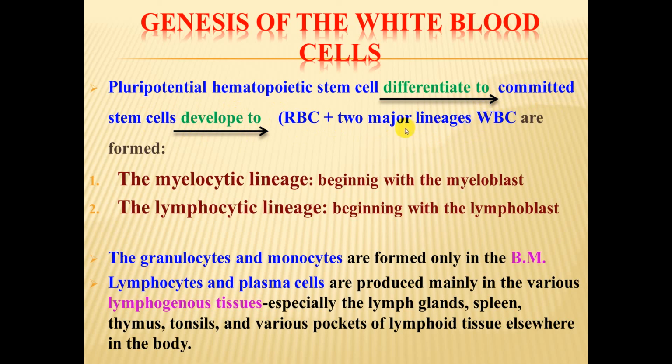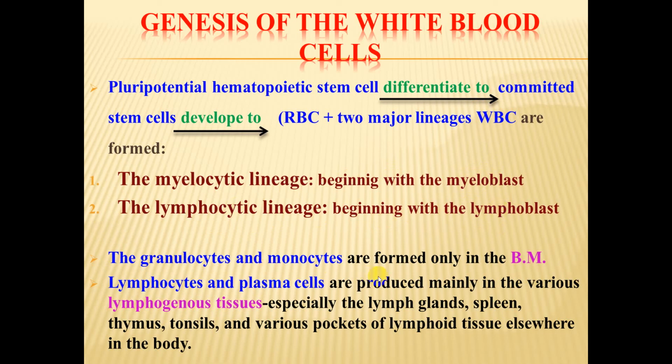These two major lineages هي المايلوسايت lineage والليمفوسايتك lineage. Myelocyte beginning with myeloblast بعدين يسوي development to the granulocyte. Lymphocyte beginning with lymphoblast. إذن هذني اللي mature form for each type of white blood cell.